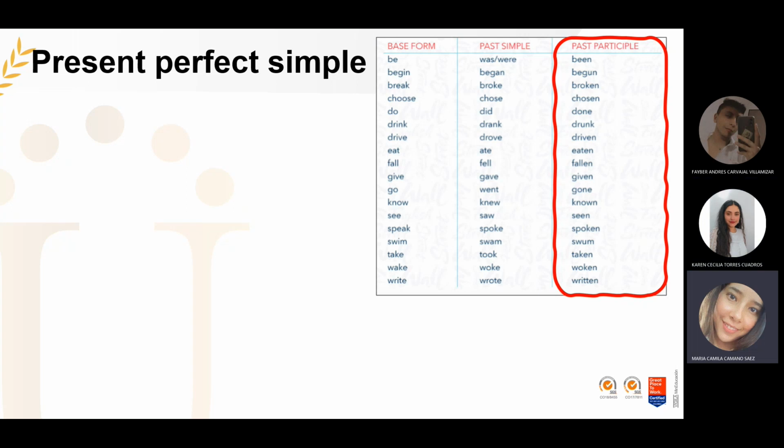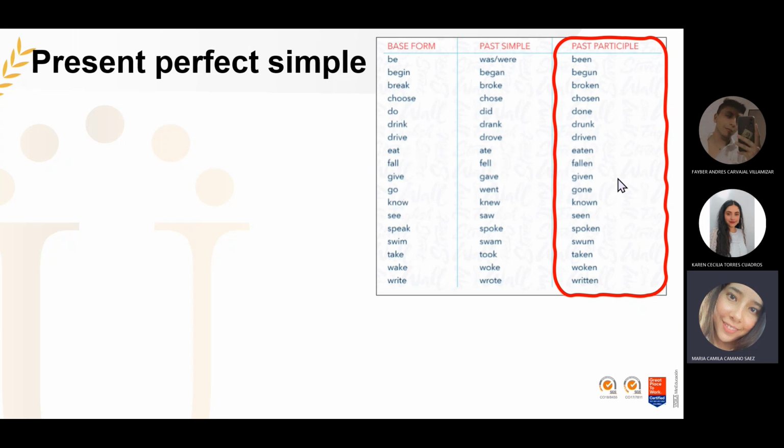It is a regular verb, so you only add ed, and it's walked, and it is the past simple form and the past participle form. But irregular verbs are different, and the past participle form is totally different, maybe, from the base form of the verbs.